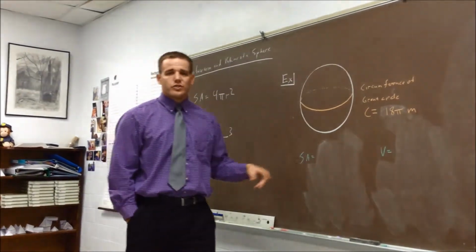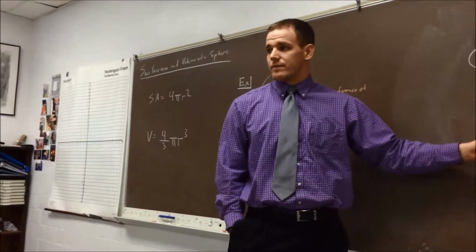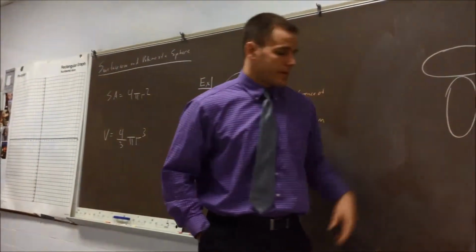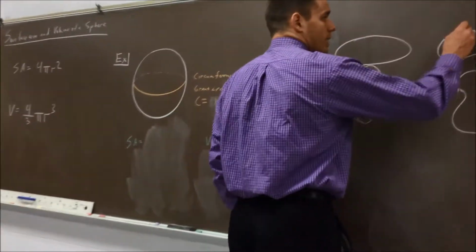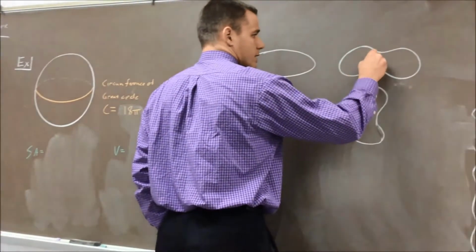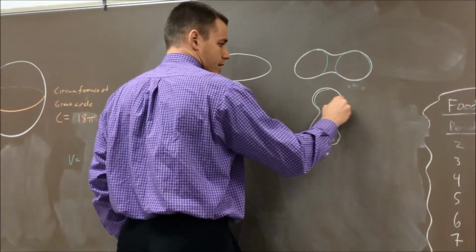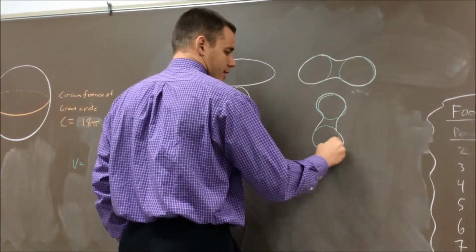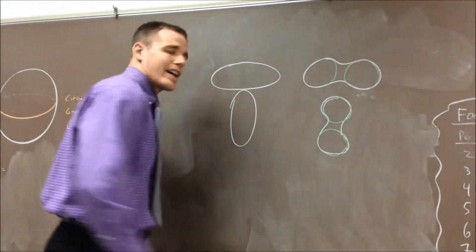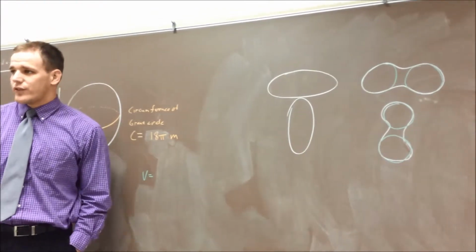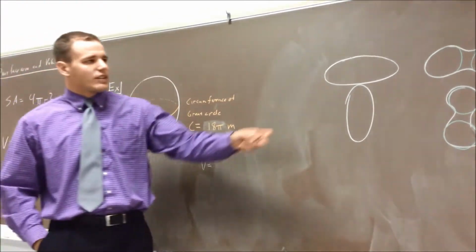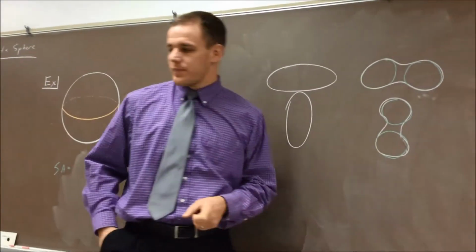Take a look over here. Could you make 4 circles in these? We could, couldn't we? We'd have 1 right here, 1 right here, 1 right here, and 1 right here. Now, is that covering the entire surface area of our sphere there? No, because we got a little bit of extra stuff hanging on there, don't we?